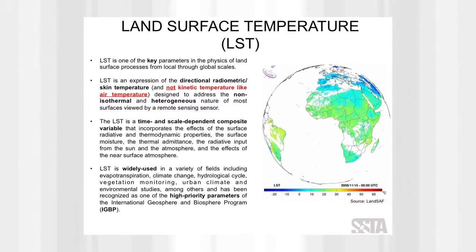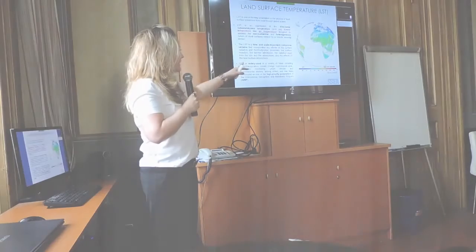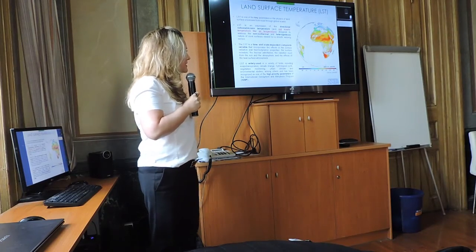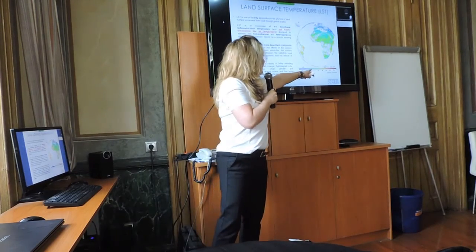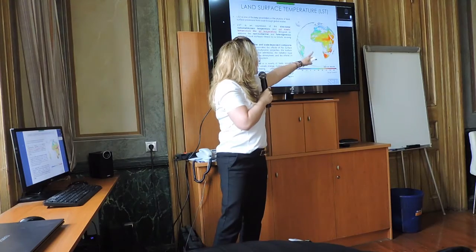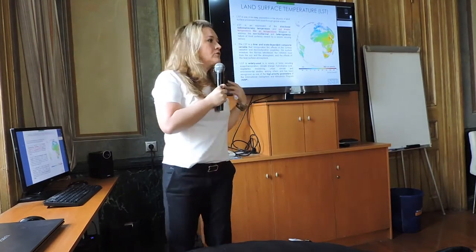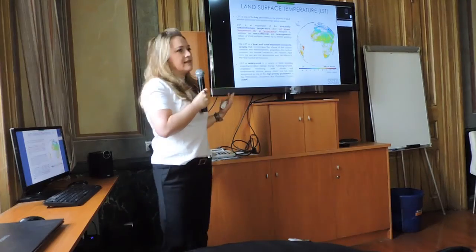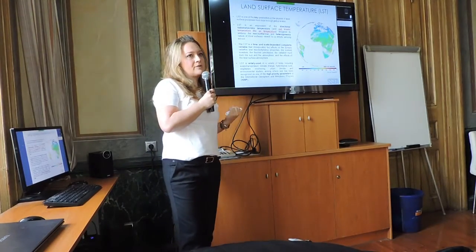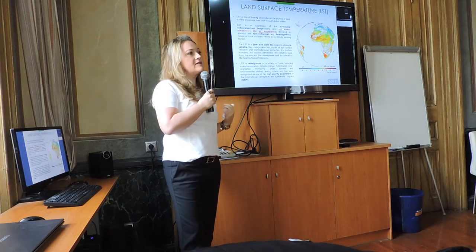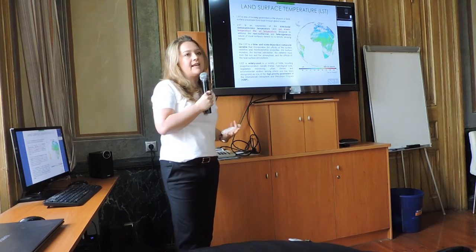Here you see a composite of different land surface temperature images. This is a clock here giving you the timestamp. All these recordings are in the same day. So what I want to stress here is that the land surface temperature is something that is really changing a lot during the day.